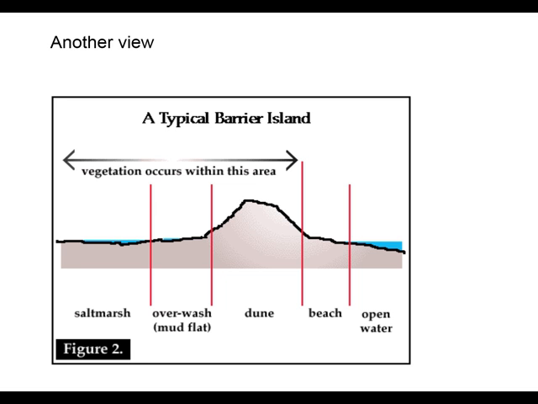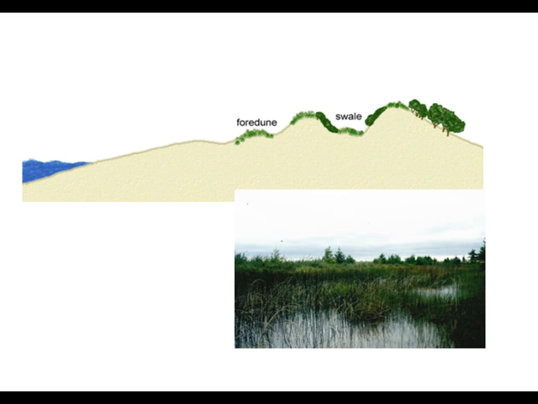Typical barrier island, again, just another illustration, and we will be looking at some of the characteristic vegetation. There's not much vegetation, if any, on the open beach, but as you get into the dunes there is some characteristic vegetation there. Another look, and here we've got the foredune and we've got this swale area protected between the dune systems.